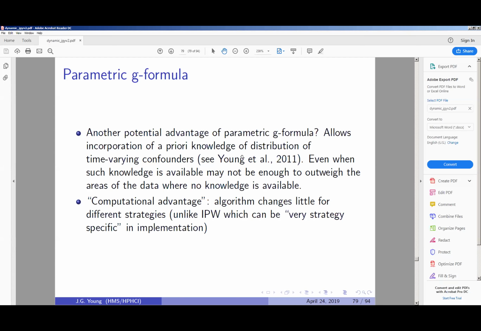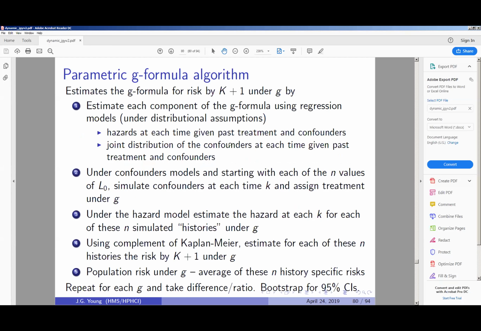But one of the advantages from an algorithmic point of view is that the parametric G-formula algorithm changes very little once you start changing the strategies. So I'll take 1 second and just go through the algorithm.